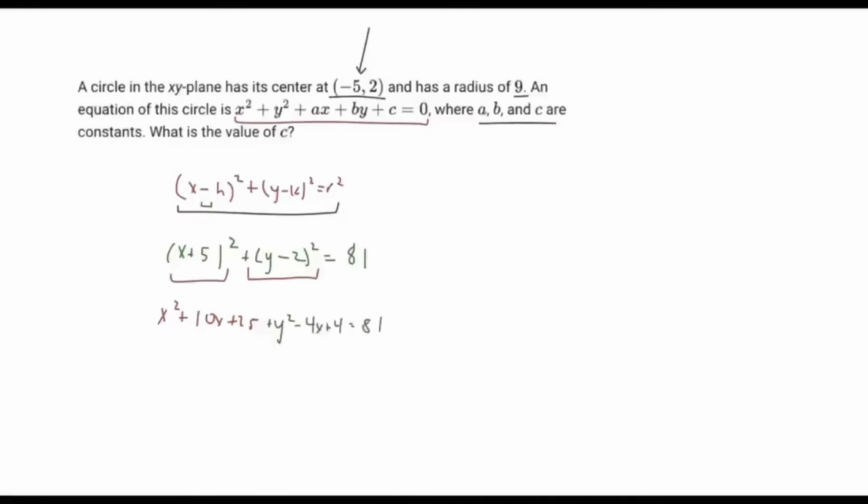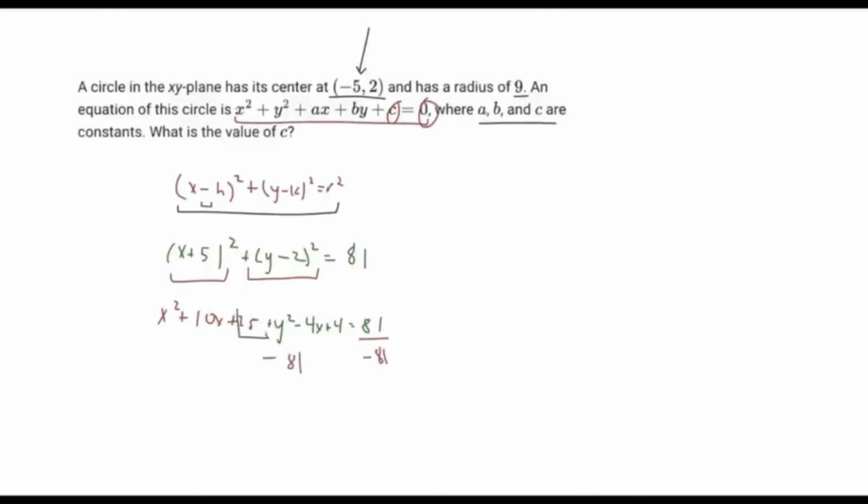And so what we're interested in seeing here is the c value, right? The c value is the constant and it doesn't have the x or x squared in front of it. And so because of that, we can actually determine what it is, because on this side you can see it's 0. But on our side here is a value of 81. So what we need to do is subtract 81 on both sides. And then once we subtract 81 on both sides, we just want to combine like terms, right?